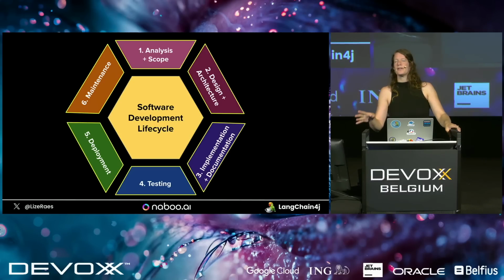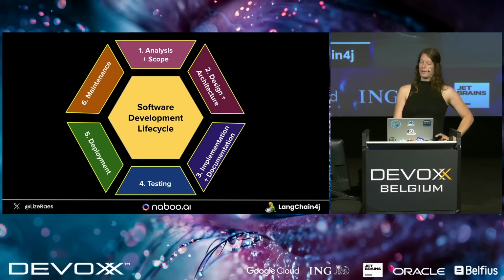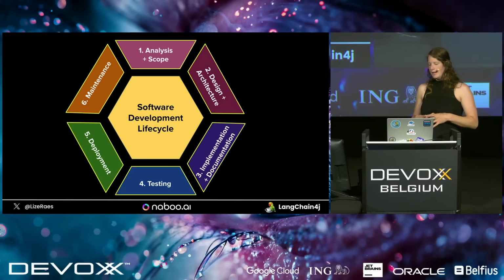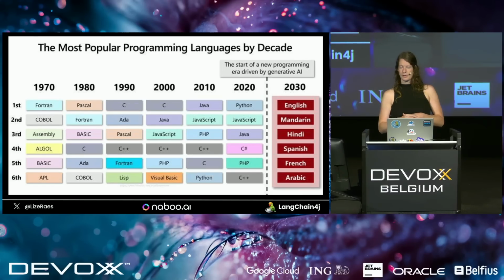Then design and architecture, it of course knows more programming languages and paradigms than most of us do, so it is very nice to get inspiration from, unless of course you're confident and comfortable with whatever stack you're using. Then implementation and documentation, that's a big attention point, of course. We spend a lot of our time coding.